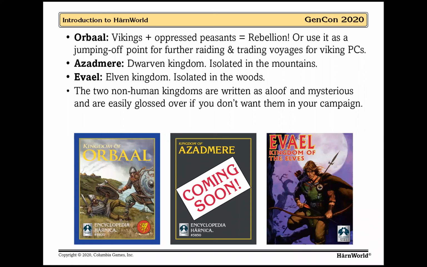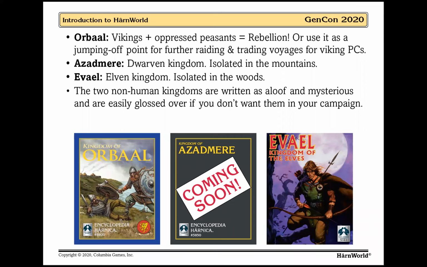One of the angles there, though, is that although the indigenous population vastly outnumbers the conquerors, they're also very disorganized. They're very independent. Nobody is in charge or wants anybody else to be in charge. So you have a number of little rebellion groups that each want to run the show, or each want to act independently.